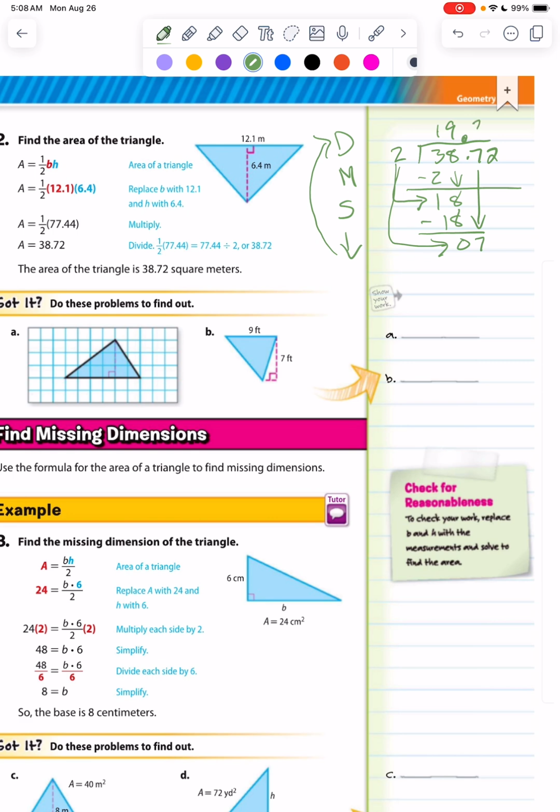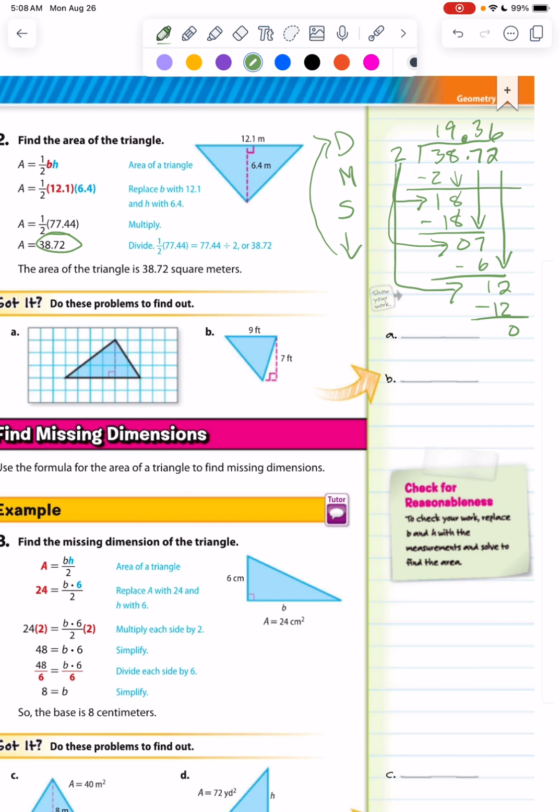Let's see here. 2 goes into 7 3 times. 3 times 2 is 6. Subtract, bring down, 2. Now 2 goes into 12. That's 6 times. 6 times 2 is 12. Subtract, and we're zeroed out. All right, so that's where they get that. 38.72.